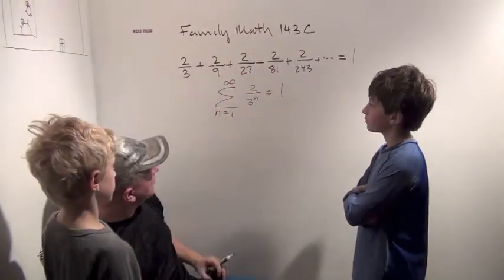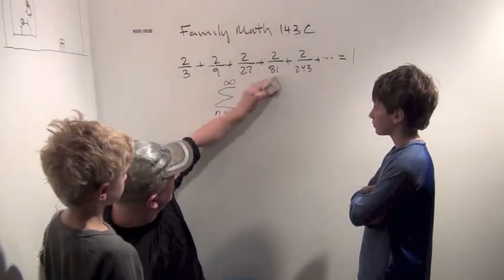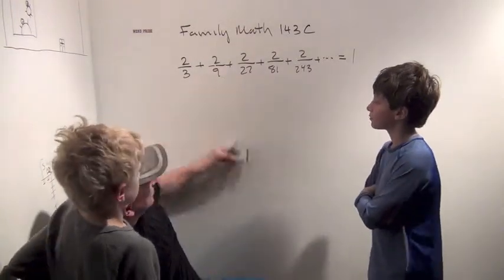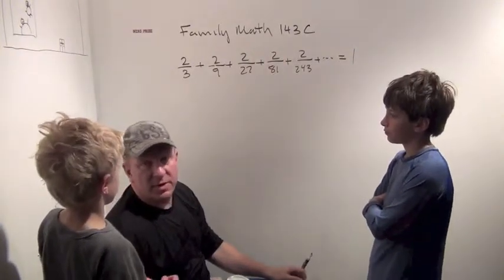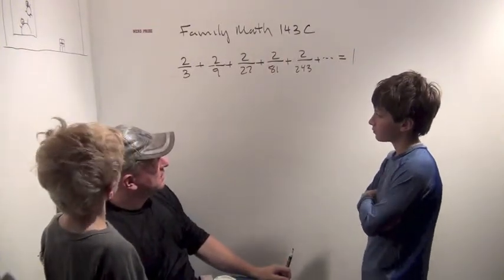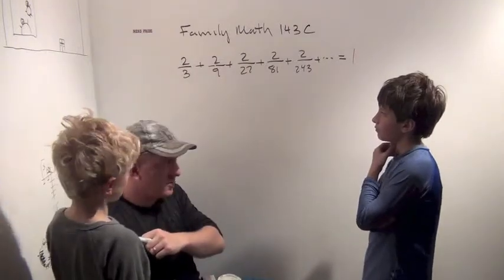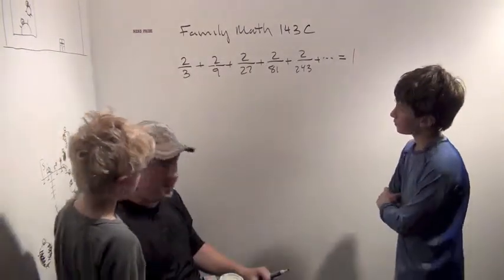Cool. Okay, and so we just saw some geometry that explained how this equals 1. But I want to see if we can see from the numbers why this equals 1. This is kind of what you and I have just been studying, right? Fractions and decimals.